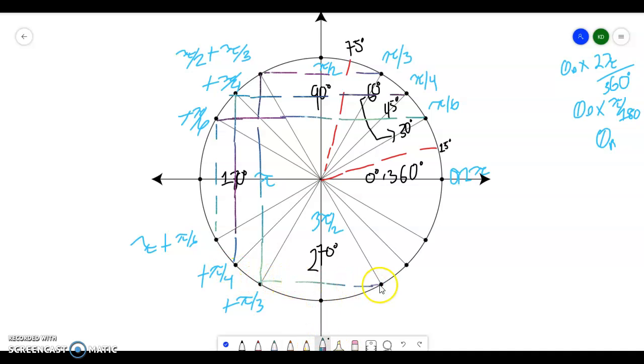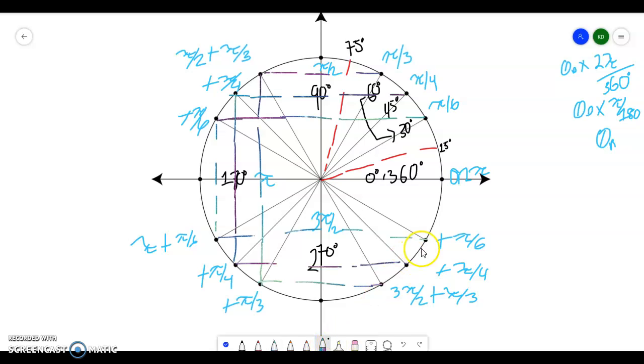And again, if I trace over to the other side, that's real messy, but it's fine. I can add 3 halves pi to pi over 3, pi over 4, and pi over 6.